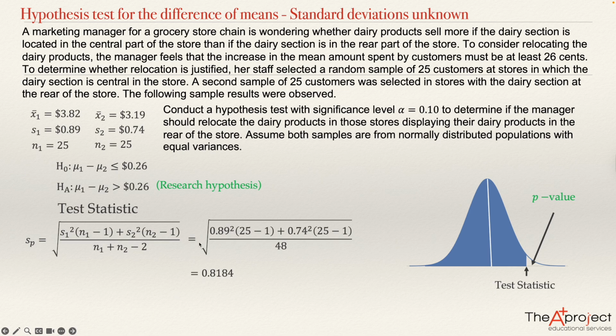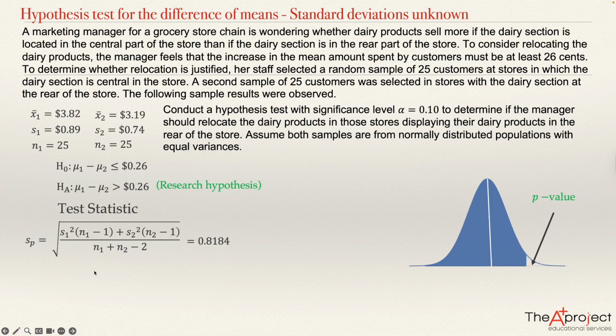Now let's put this value here and then compute the test statistic. The formula of the test statistic for this type of test is t equals x1 bar minus x2 bar minus the difference. This number here is the difference of the two means in the null hypothesis, and this is the reason why the null hypothesis needs to have an equal sign, because we're assuming that the null hypothesis is true.